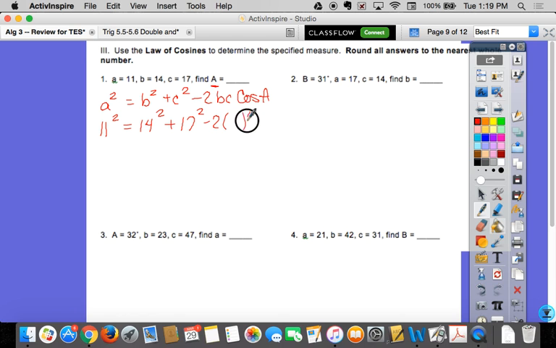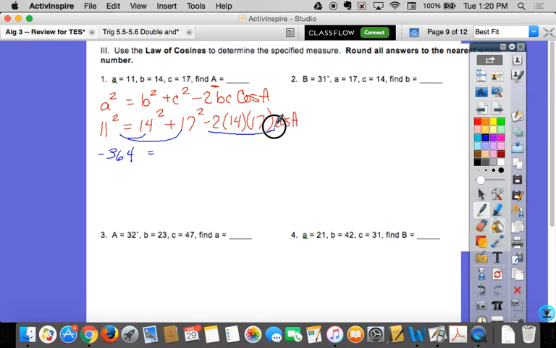It's just a matter of taking the time to get it in here. When you're looking for an angle, these have to be subtracted. So you're typing 11 squared minus 14 squared minus 17 squared. That's going to give you negative 364.